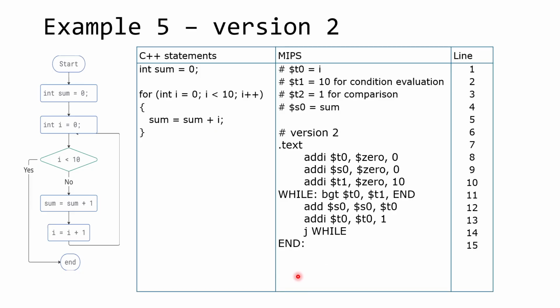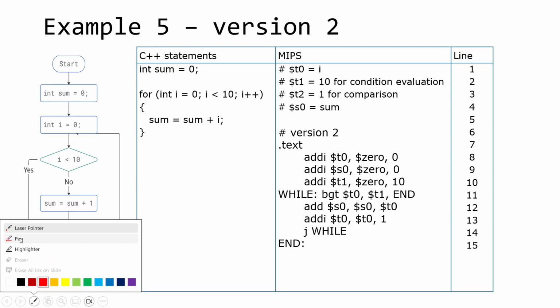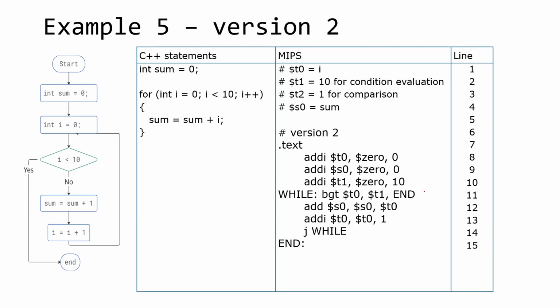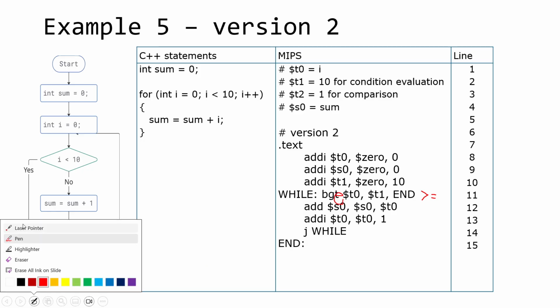Now for the second one, I've changed it and used a BGT. So instead of using the SLT and BEQ, now we combine them into one. Same thing. If I is less than 10, now you will use greater equal. So it's supposed to be BGE. Yeah. Supposed to be BGE. Okay.